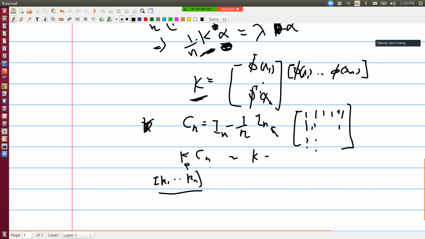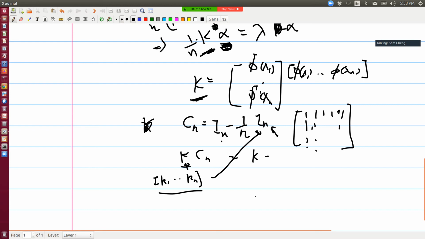This multiplied by this guy here will just be getting the average of the column vectors. So therefore, Kcn, or K multiplied by In minus K multiplied by 1n over n, will just be averaging K over all the columns.